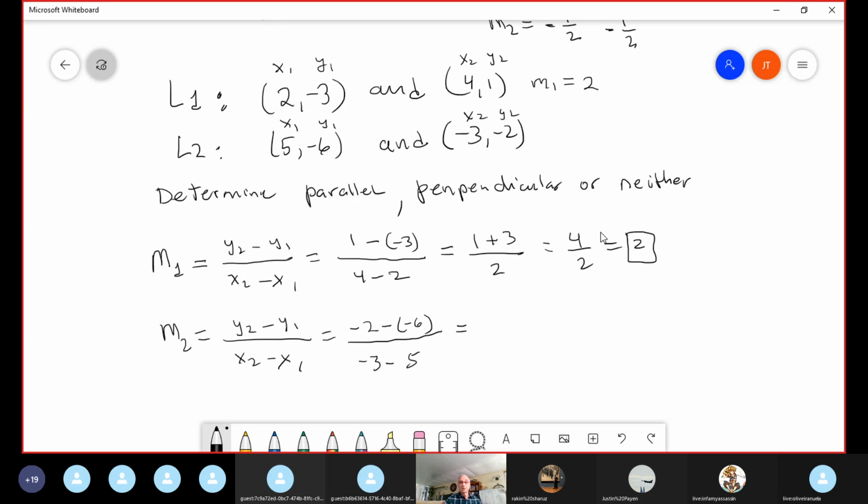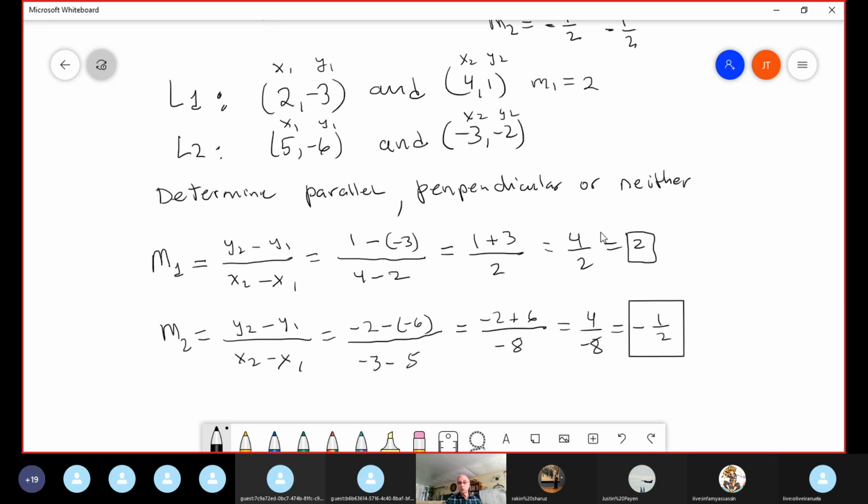On the top we have -2 plus 6, and on the bottom we have -8. Negative 2 plus 6 is positive 4. When you reduce to lowest terms, this is -1/2, because you divide by 4: 4 divided by 4 is 1, and 8 divided by 4 is 2.